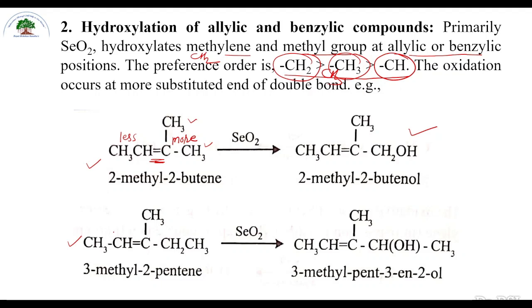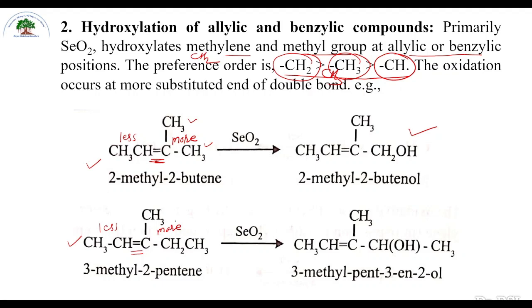This is the product, 3-methylpent-3-en-2-ol. As we see, these are the two sides of the double bond. This is less substituted and this is more substituted.